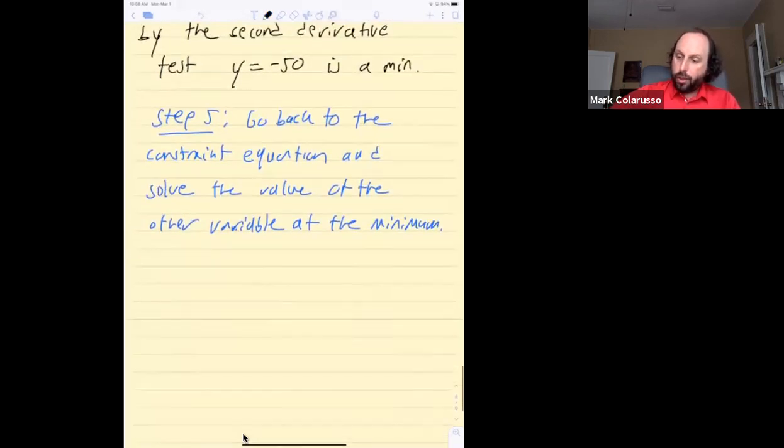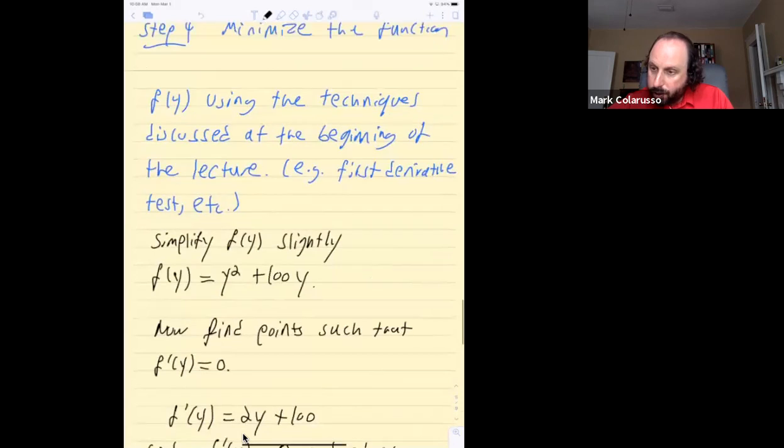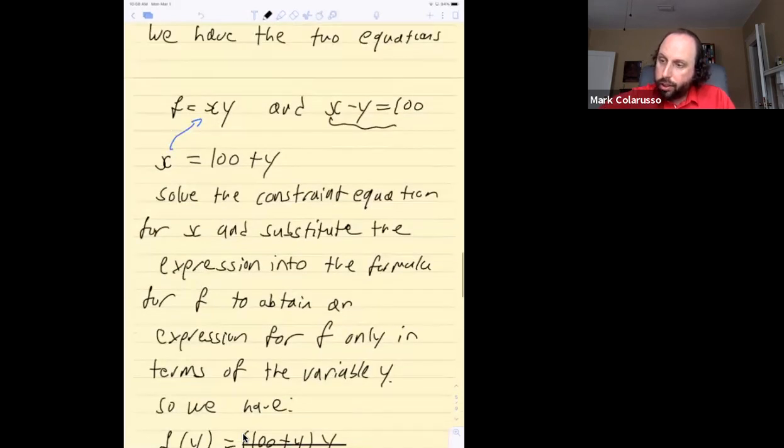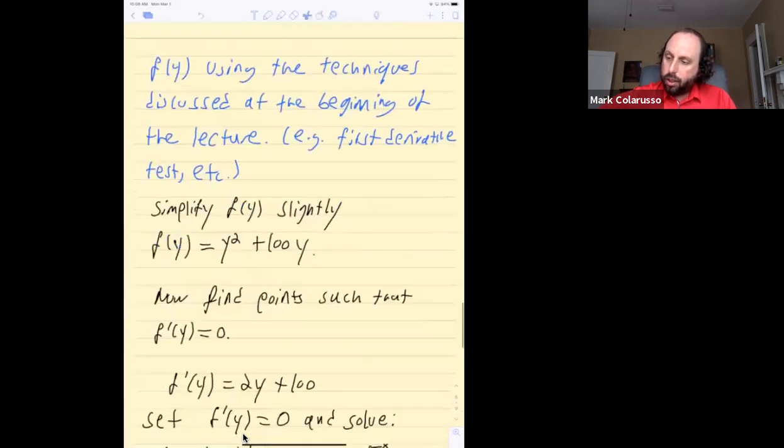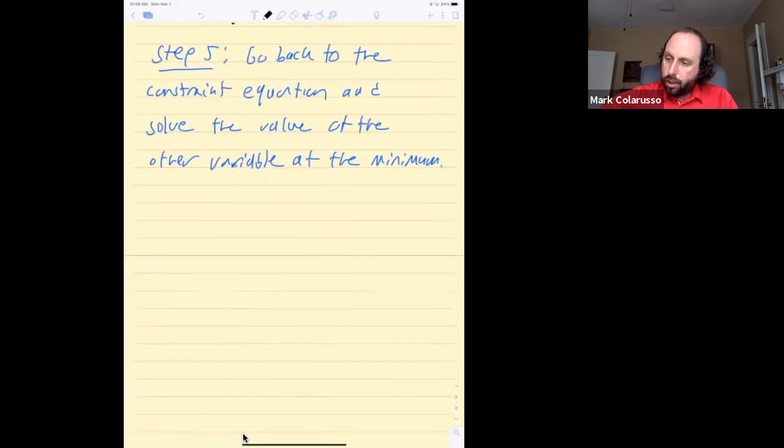So if we do this, what was that? I lost the constraint equation. Where did it go? There it is. Let me just copy this guy. So we had x.